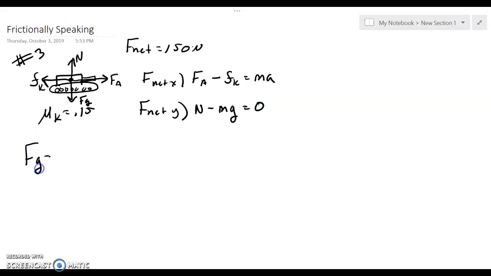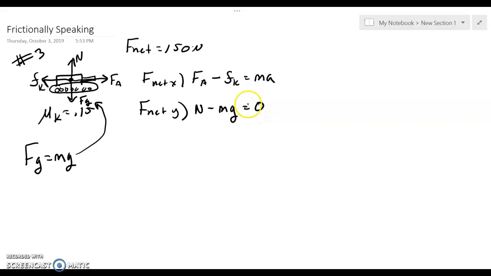So to find the mass, if we look at our x and our y, we really don't see a way yet to find the mass.